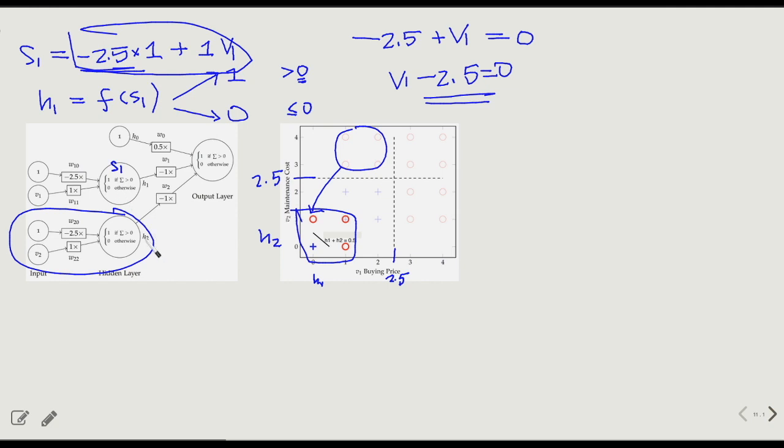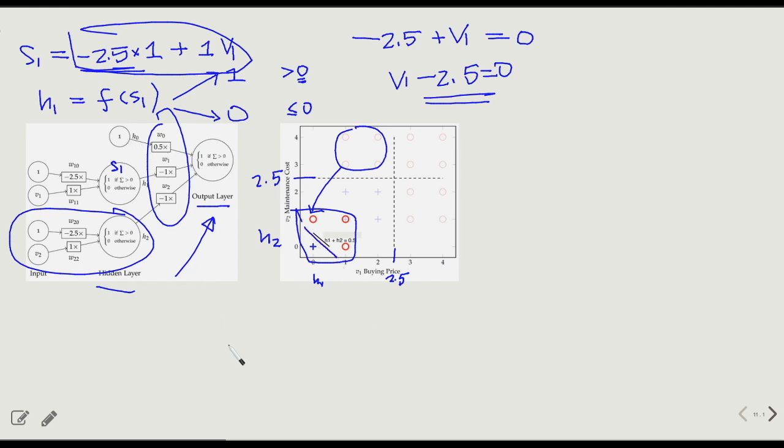Okay, and so given the transformed H1 and H2 values plus another bias in the hidden layer, we can actually find a linear equation such as H1 plus H2 equal to 0.5. And so the weights from the hidden layer to the output actually represent a linear equation that separates the transformed classes.